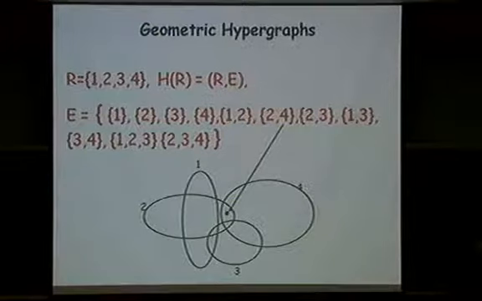You have the singletons: 1, because this is a point contained only in 1, this is a point contained only in 2, and so on. You can check that. Of course, I might have been wrong, but yes? Questions? Okay. So this is the hypergraph defined by those ellipses, or induced by those ellipses. It's simply the Venn diagram of those objects.